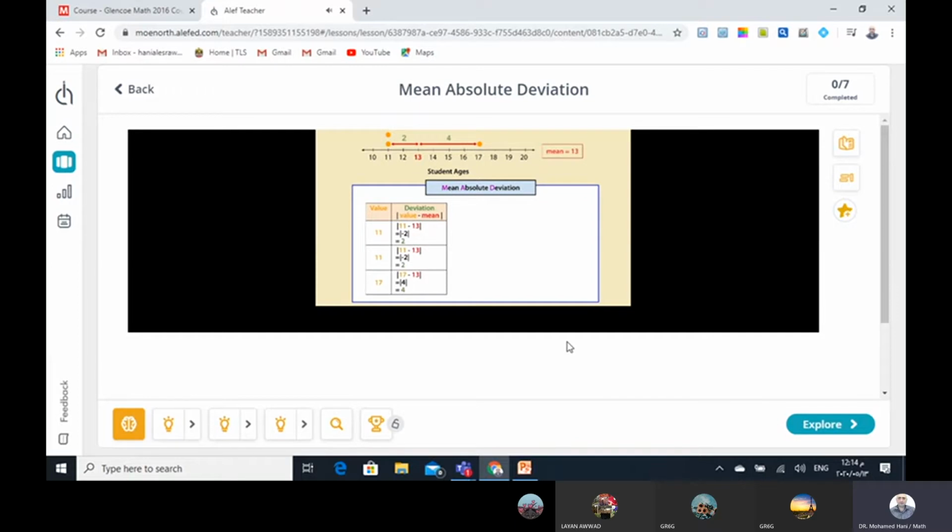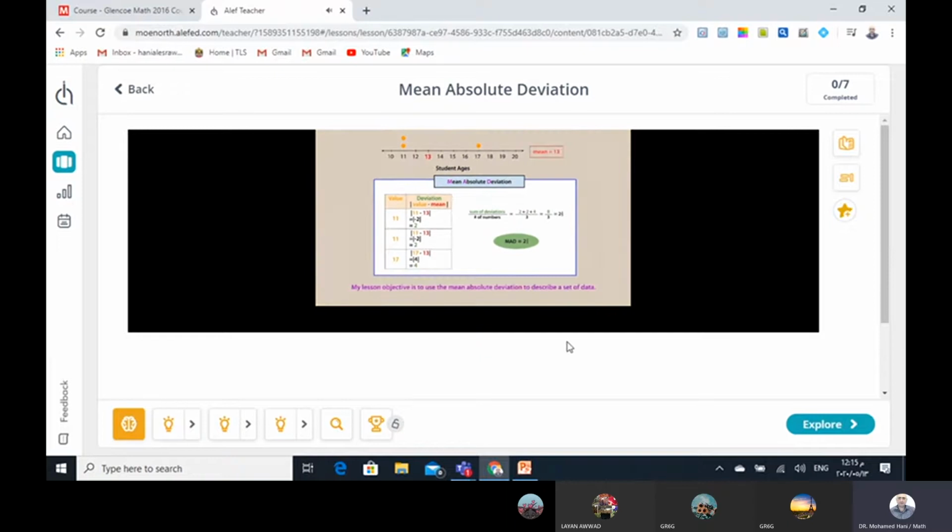The mean of the absolute deviations can be found by adding them and dividing by 3 data points. 2 plus 2 plus 4 equals 8. 8 divided by 3 gives us our MAD of 2 2/3. Today, you will use the mean absolute deviation to describe a set of data.